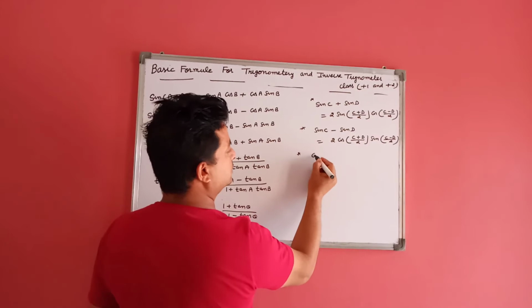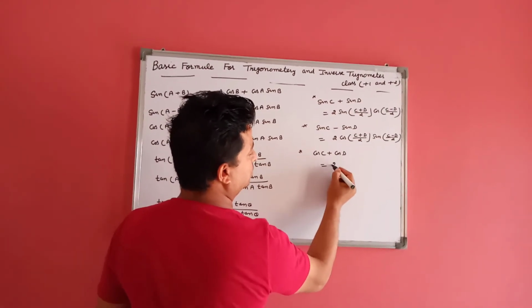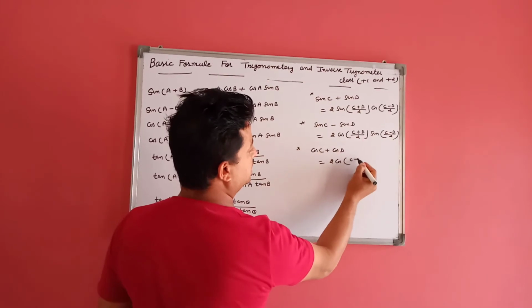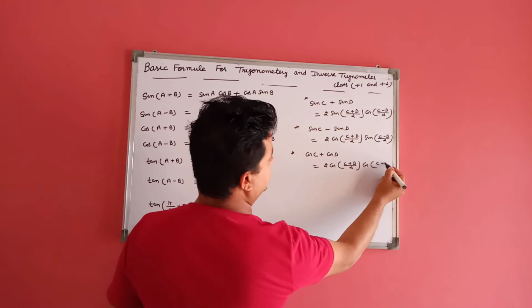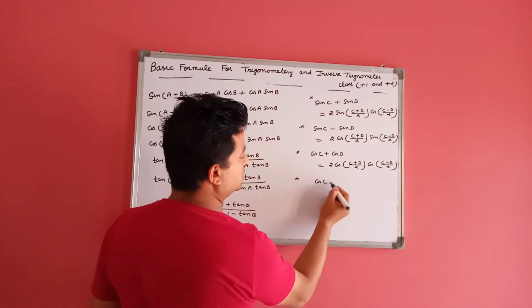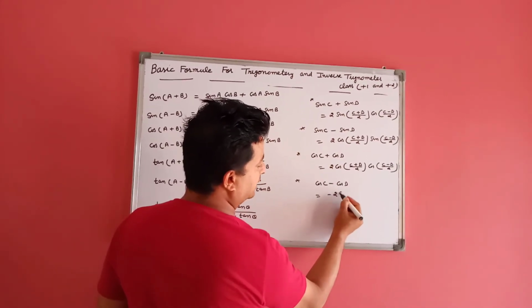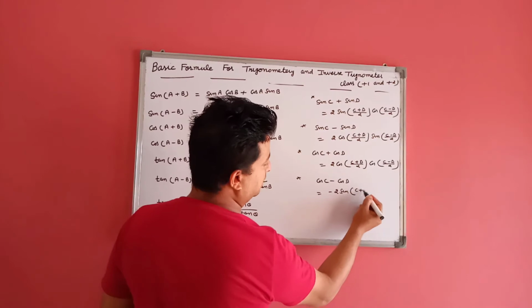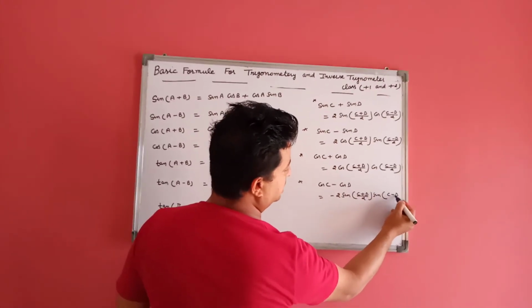In the next, cos C plus cos D equals 2 cos((C+D)/2) multiplied by cos((C-D)/2). In next, cos C minus cos D. In this formula we have a negative sign: minus 2 sin((C+D)/2) and sin((C-D)/2).